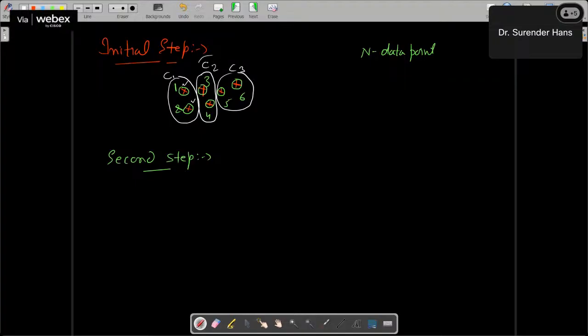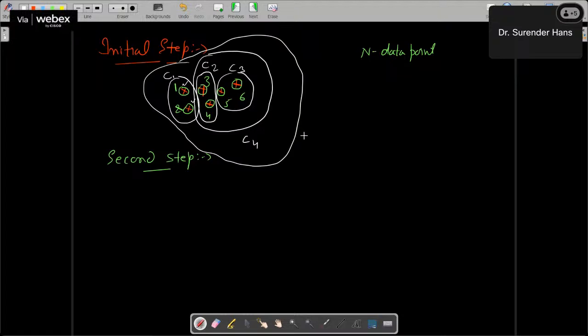So C2 and C3 will again make one cluster. And this C1 and let's say this one is C4. So C1 and C4 finally will be one cluster. That is C5. Clear?